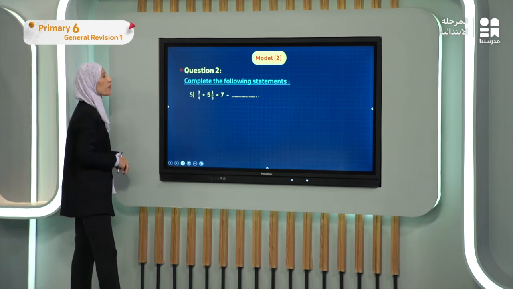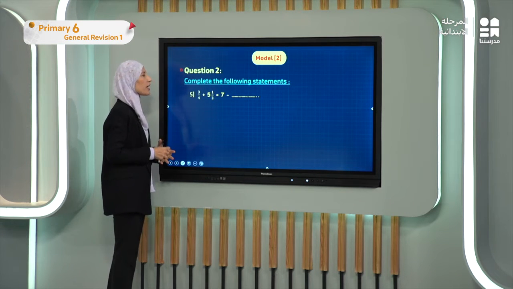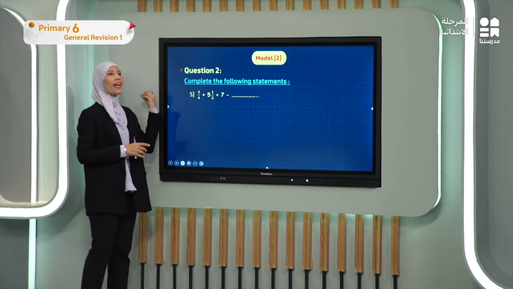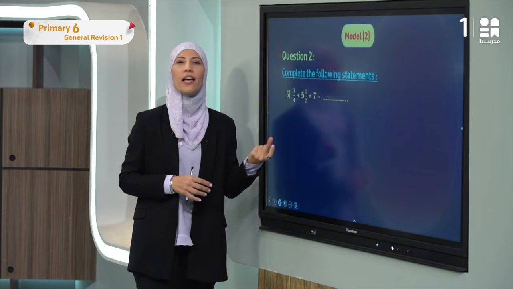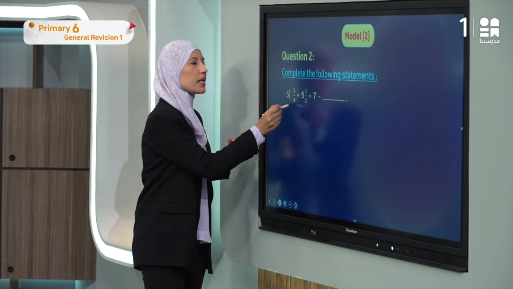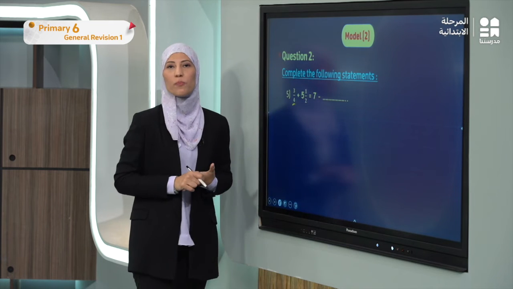The second one I have 3/4 plus 5 1/5 equals 7 minus what? To answer such an example I have to make the second number ده اللي هي 5 with equal denominator. يعني يبقى بالضبط زي الدينومينيتور بتاع الفراكشن ده. لأن 3/4 cannot be simplified.